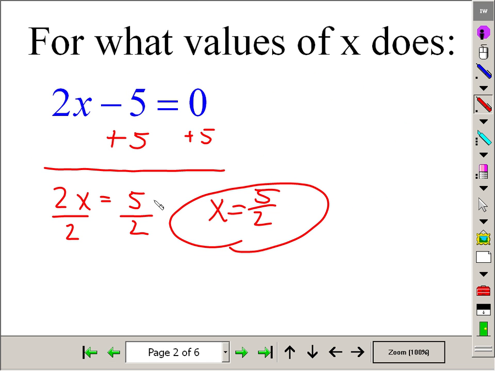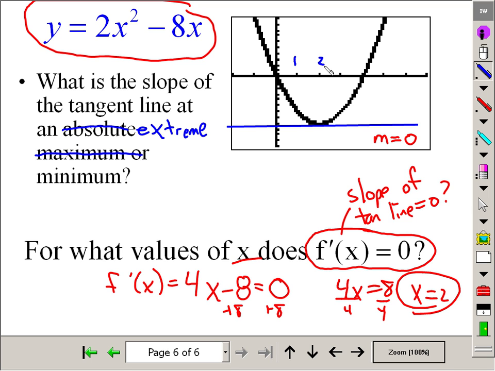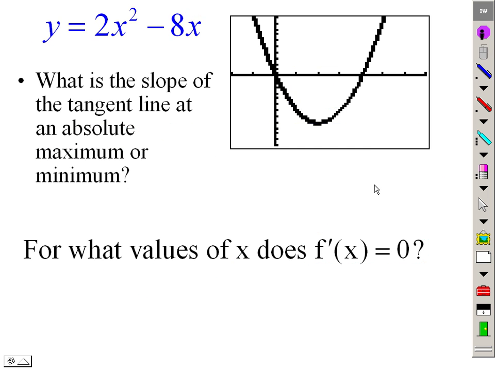This is why I had you guys doing these kinds of problems. 4x minus 8 equals 0. I can add 8 to both sides. 4x equals 8. Divide both sides by 4. X equals 2. And that coincides here. At x equals 2, we have an extreme minimum.